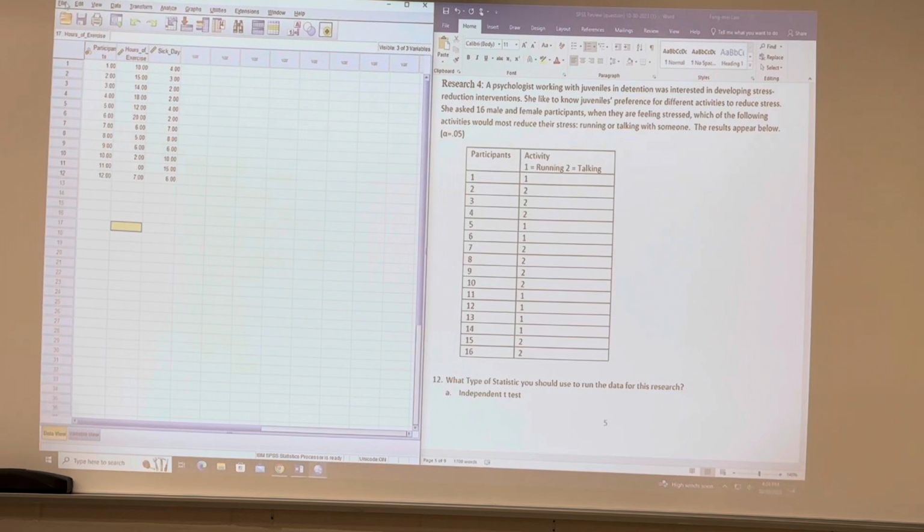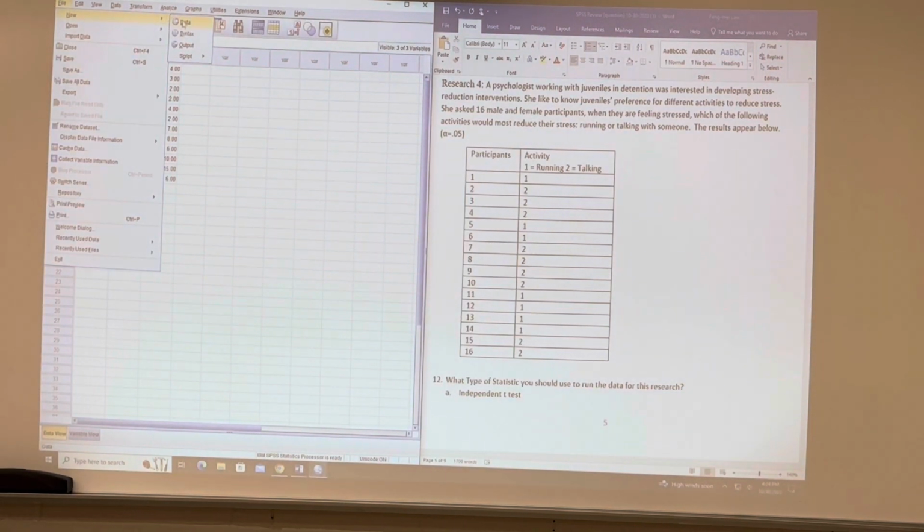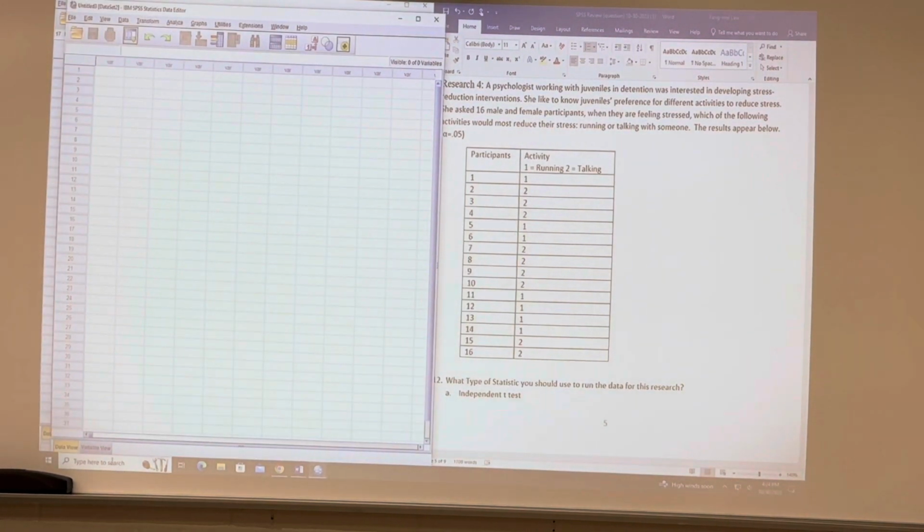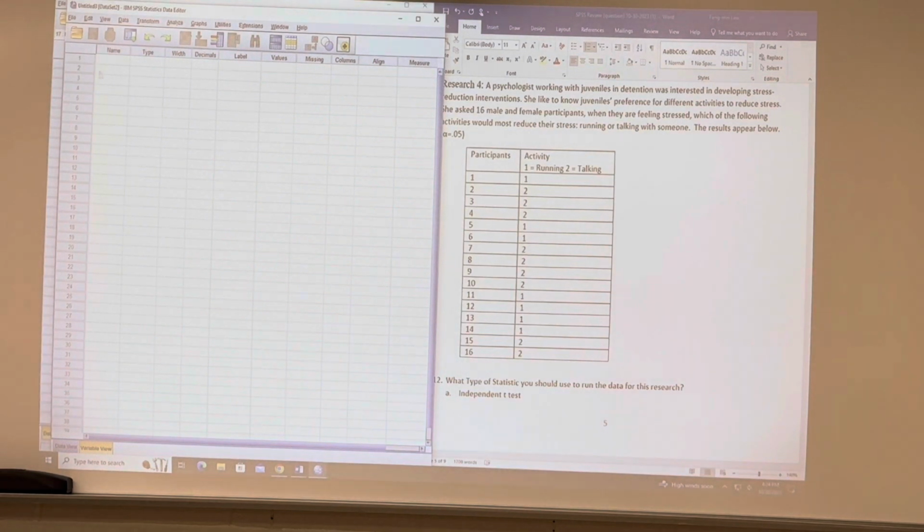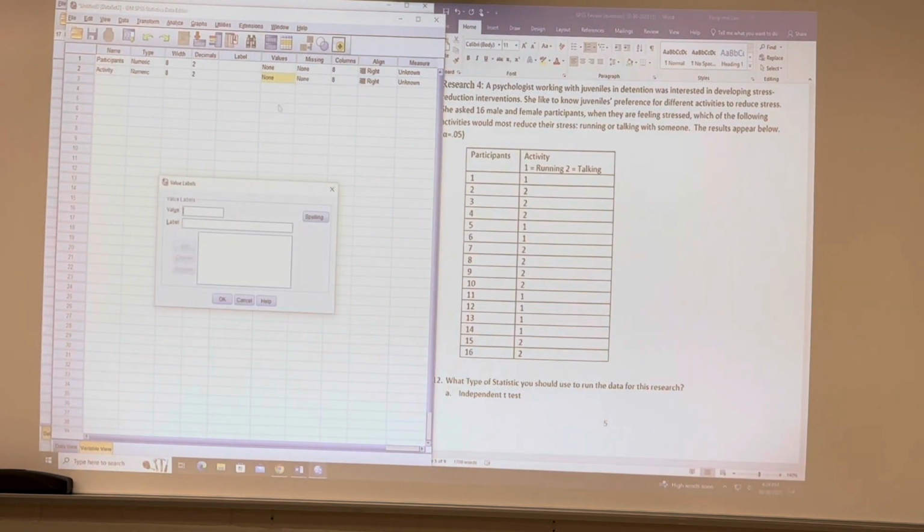Okay, so I'm going to set up the data. I will have participants, and then activity. For this activity, you make sure to set up the values.